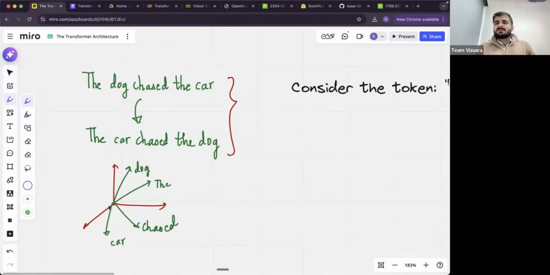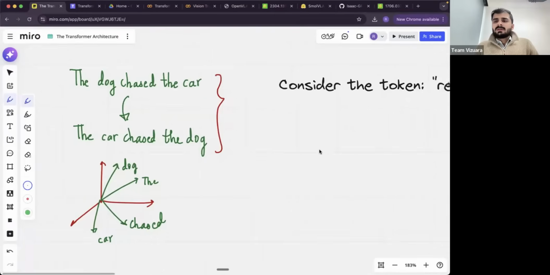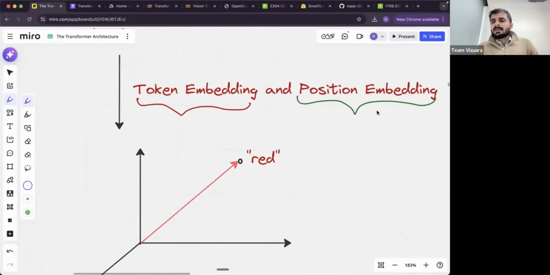Now, both these sentences will have the same token embeddings, but semantically they mean something completely different, right? The first sentence means that the dog is chasing the car. The second sentence means that the car is chasing the dog. So, whenever we are trying to model or understand sequences, the ordering of the tokens becomes very important. So, along with the token embedding, people usually pass a position embedding also.